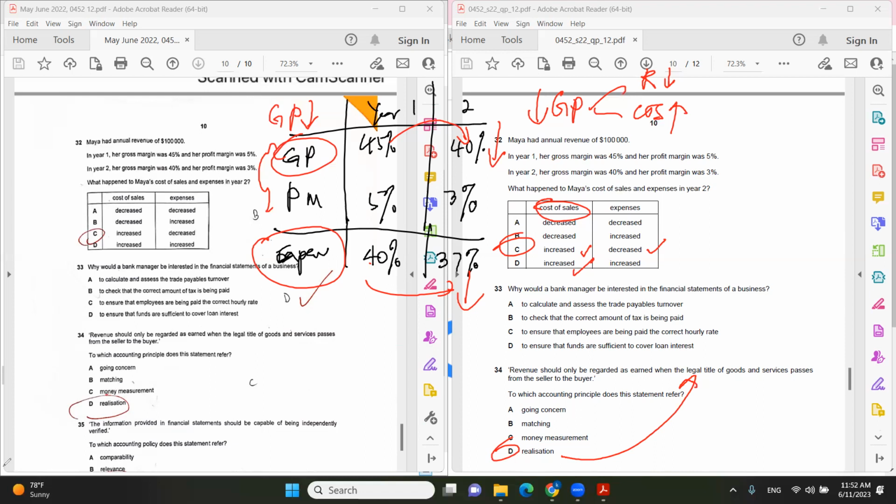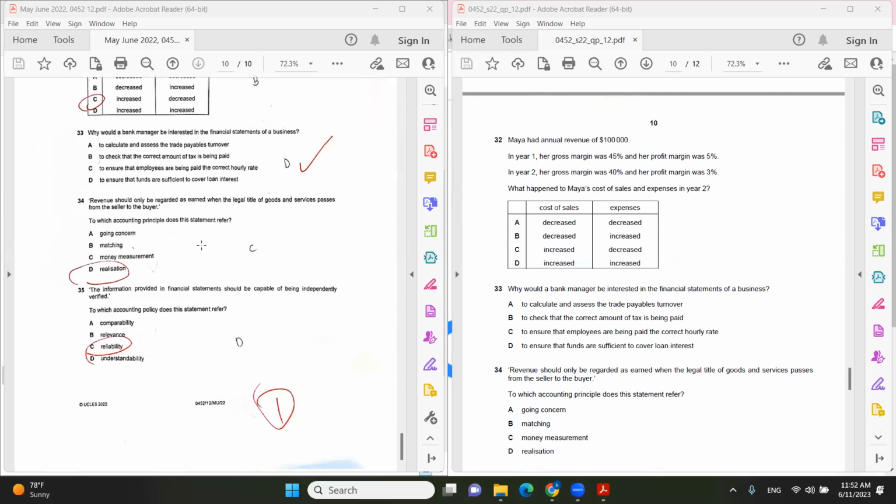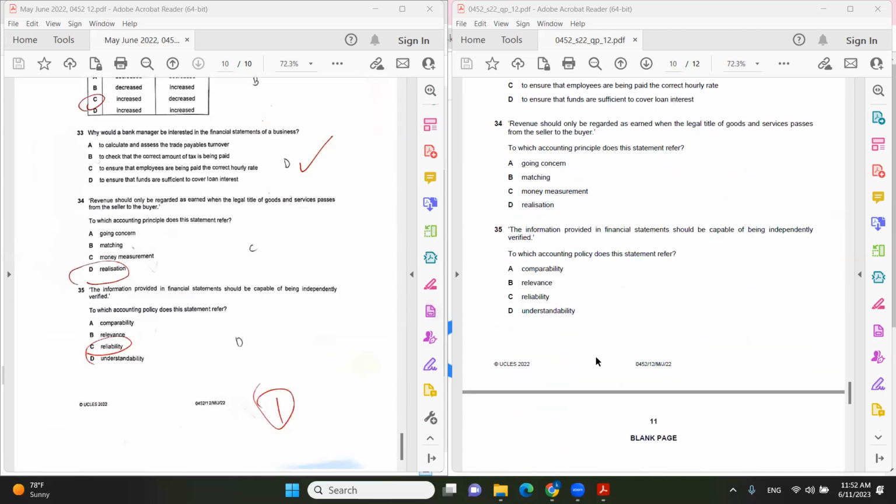Okay, let's move on. The last one. The information provided in the financial statements is independently verified. Independent means it can be trusted, free from error and bias, so that is reliability.